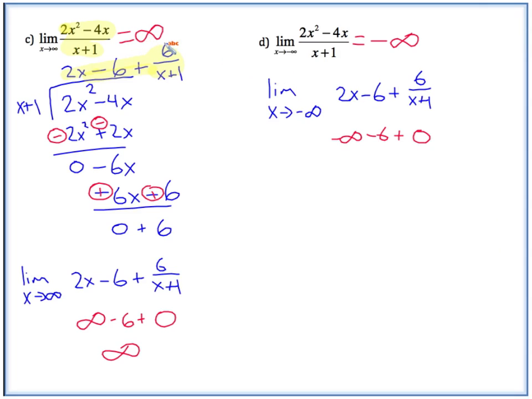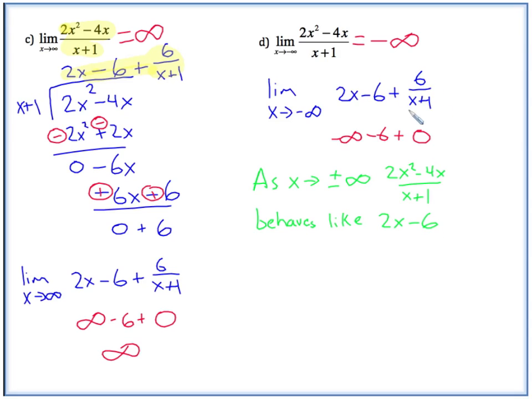So what this statement is saying, and by doing the long division, as x approaches plus or minus infinity, the function 2x squared minus 4x over x plus 1 behaves like the function 2x minus 6.